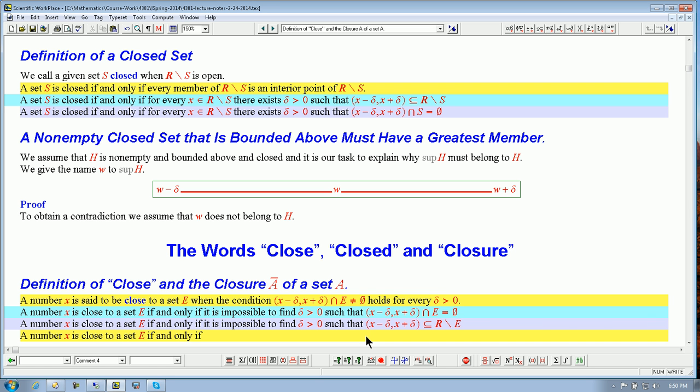What is the definition of the statement that x is an interior point of a given set E?